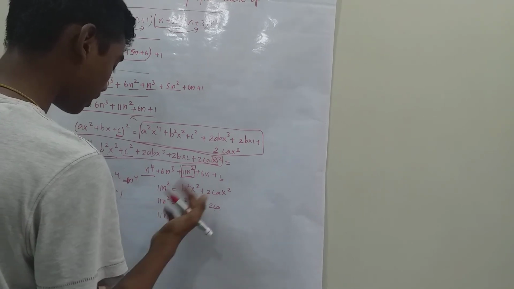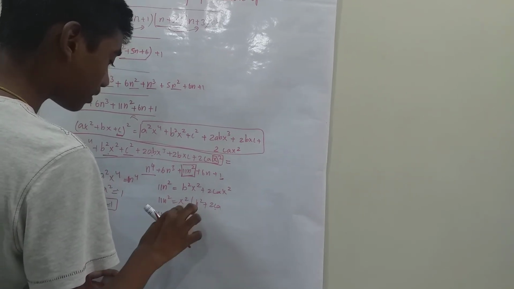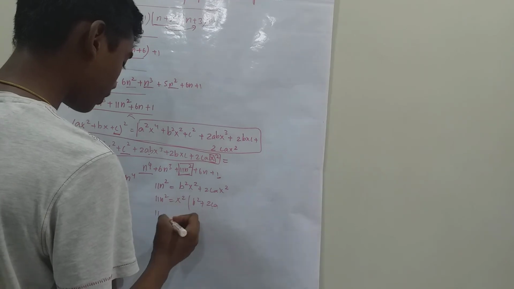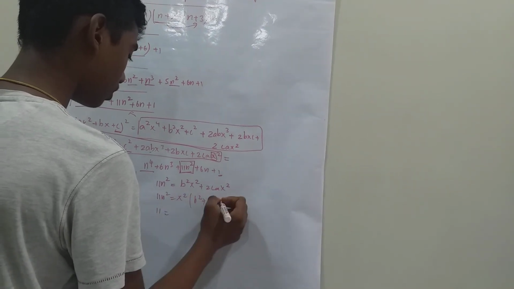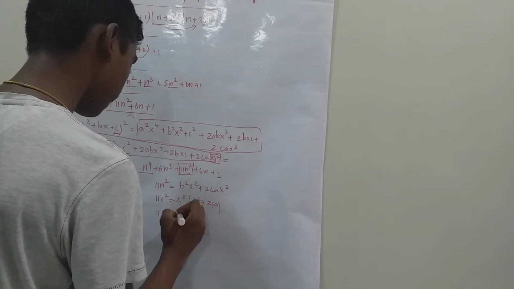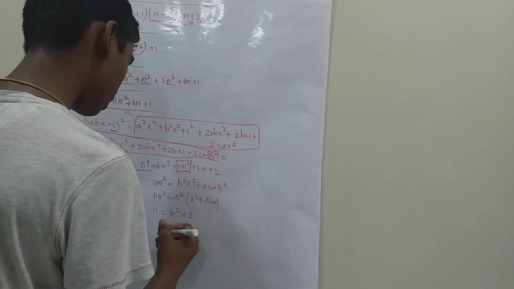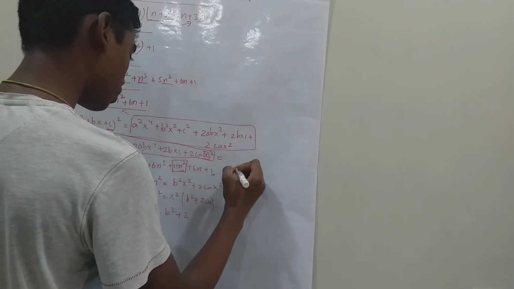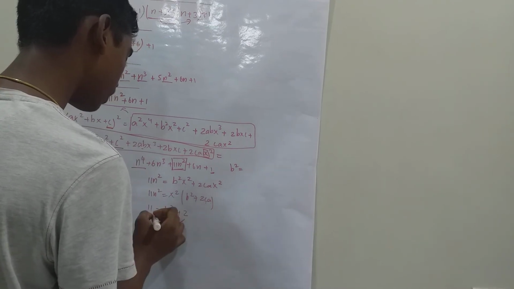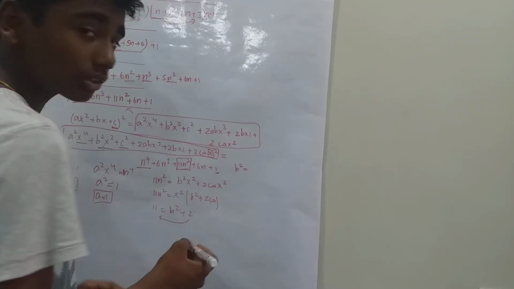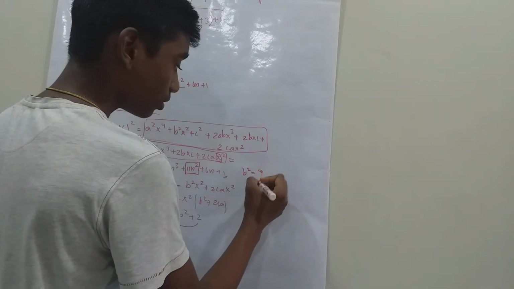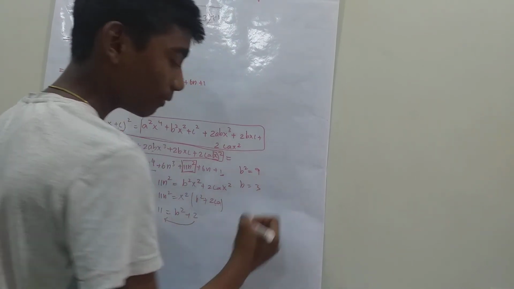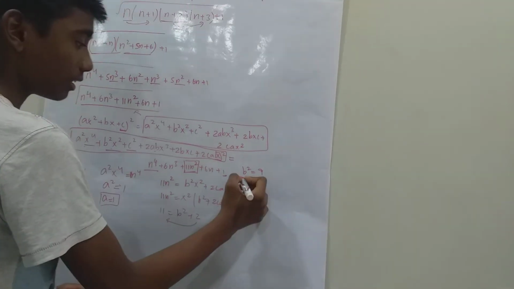For 11n squared, let's just take that n squared, because that's an n. So 11 equals b squared plus 2, and if I transpose that, it becomes minus, so b squared equals 9. So b equals 3. So we got another one.